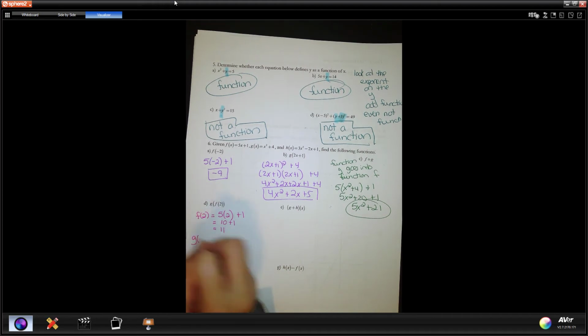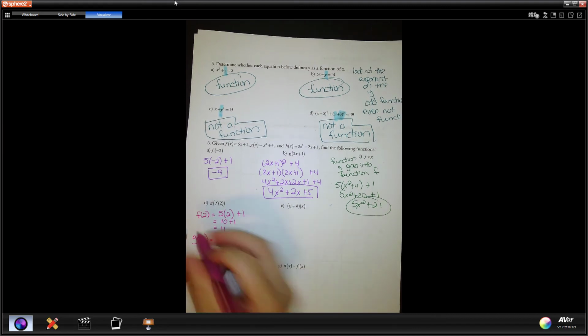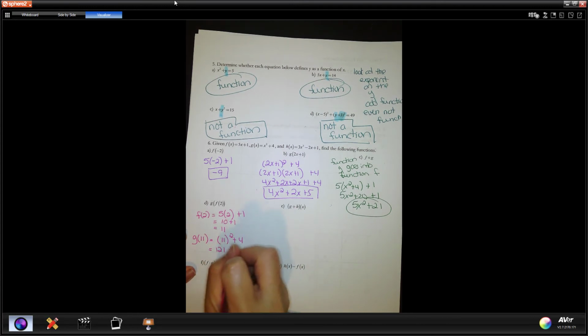And next, we would then do g of 11. And g of 11 would be 11 squared plus 4. 11 squared, 121 plus 4 is 125. So not too bad.